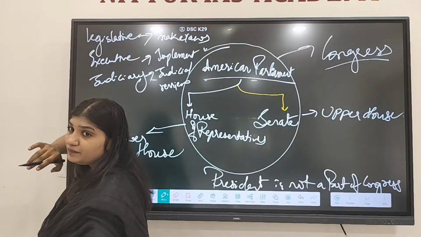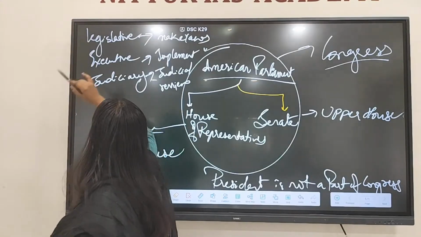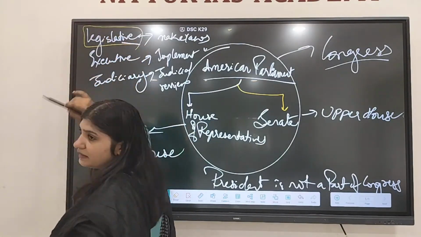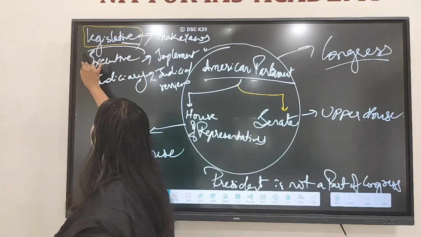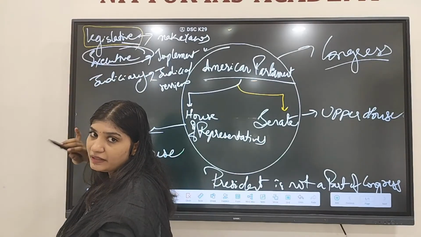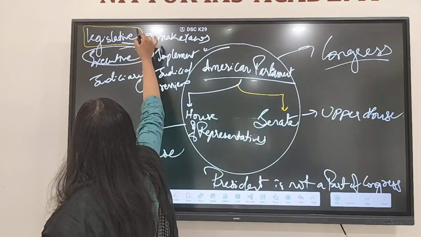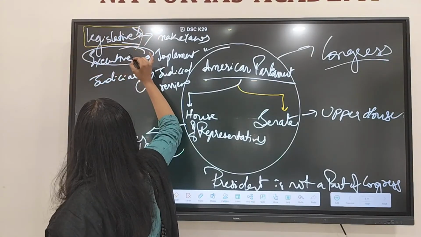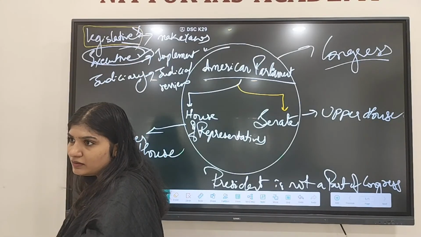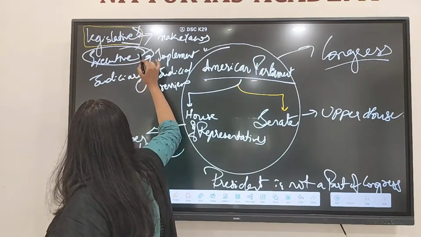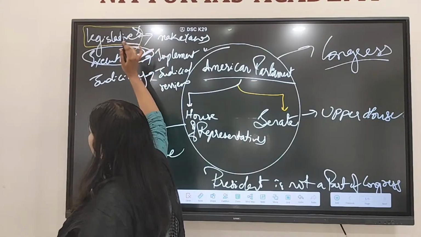In India, the two houses, Lok Sabha and Rajya Sabha, along with the president, come under legislative. They also come under executive in India. But in America, the president will not come under legislative. He comes only under executive, to implement the laws made by the legislature.